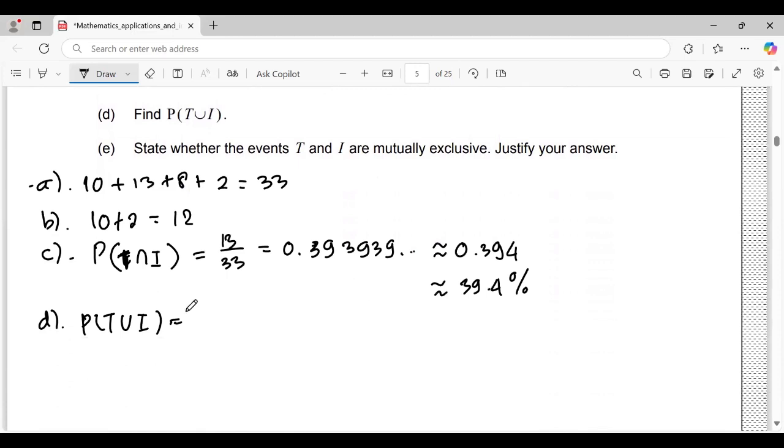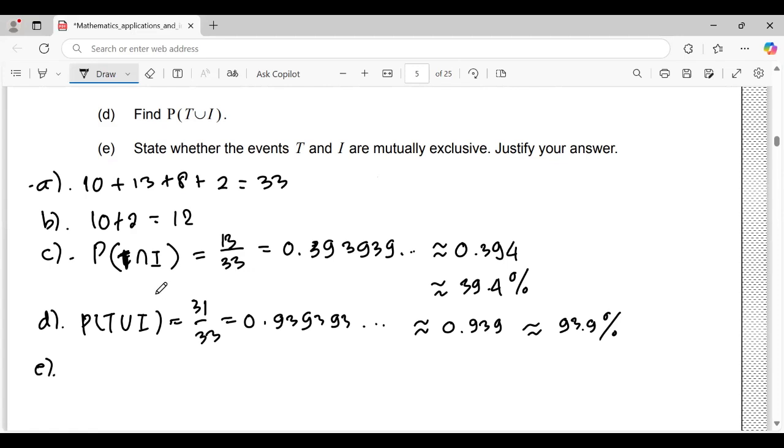So 31 over 33. And the result is 0.939393, rounded to 0.939, or in percentage 93.9%.